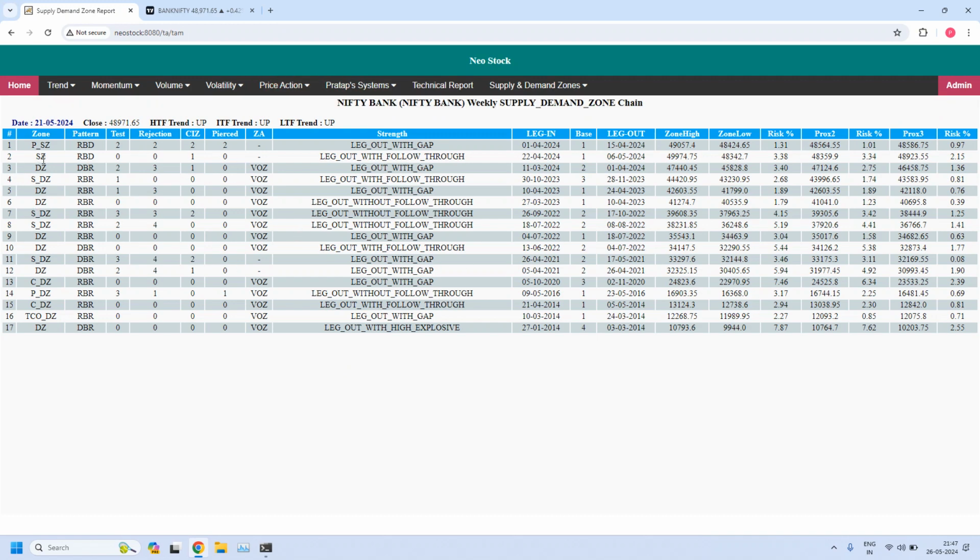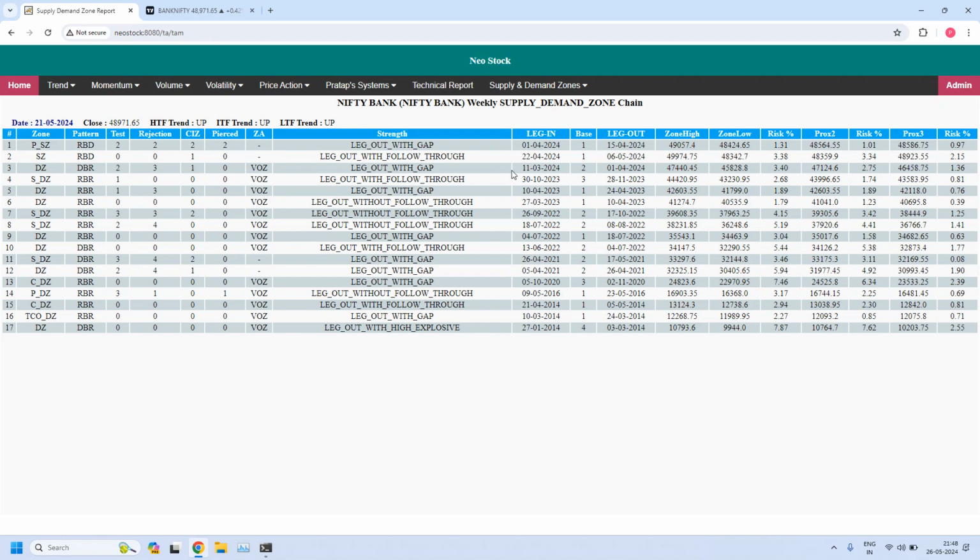Here we have one weekly supply zone available immediately and also one demand zone. And there is one pierced supply zone. We don't bother about the pierced zones; we don't trade on them. And the fourth entry is a high liquidity demand zone. But let us draw the immediately available weekly zones.